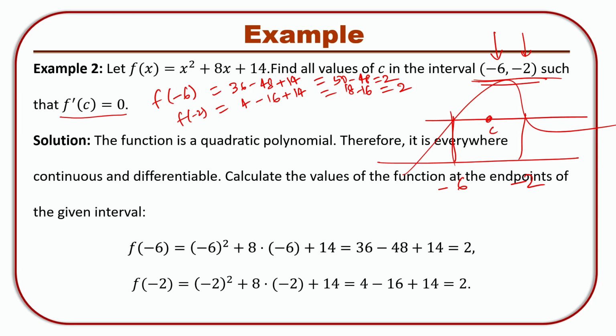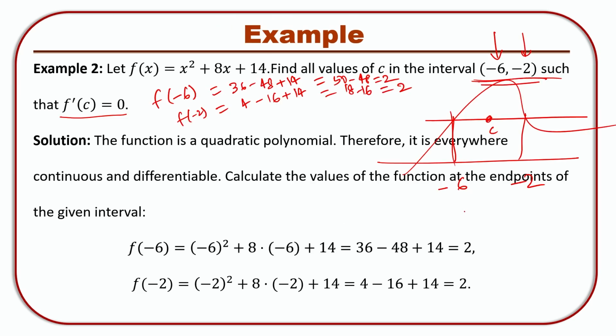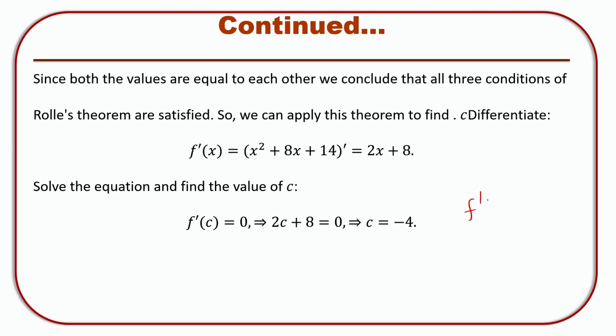So now use this theorem and find out firstly f'(x). So what will be f'(x)? f'(x) is equal to 2x plus 8, and this is going to be 0. So x equal to -8 by 2, equal to -4, right?